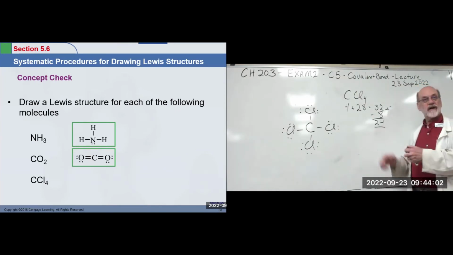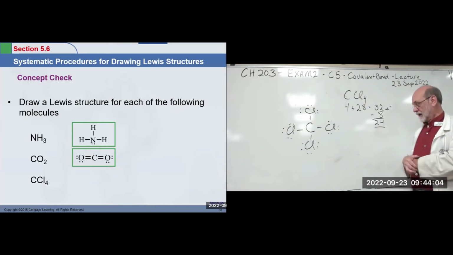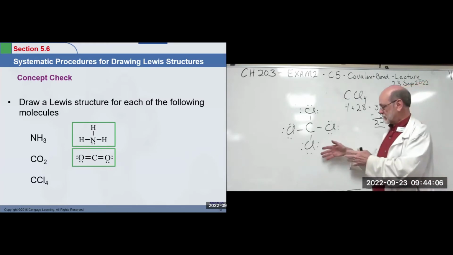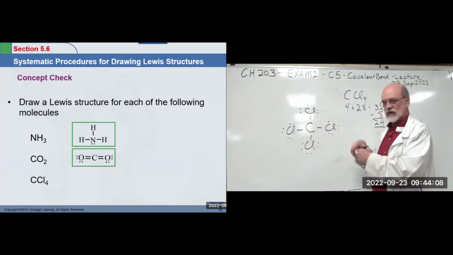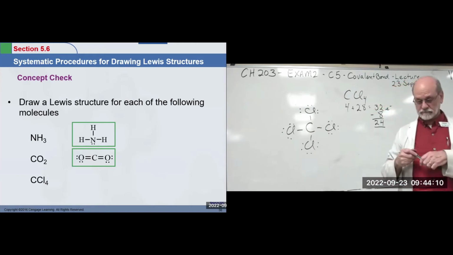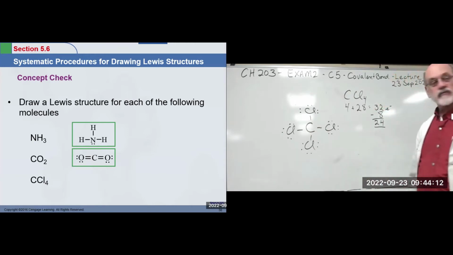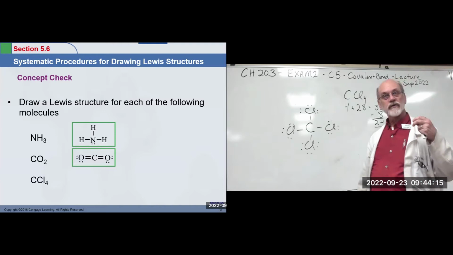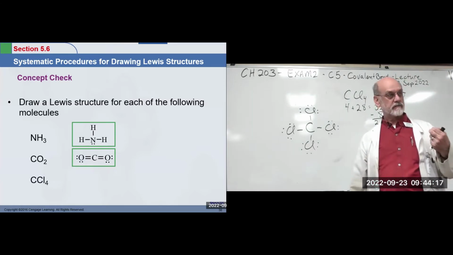We've used up all of our electrons. And everybody's got an octet. Chlorine's got an octet. Carbon's got an octet. What I was referring to earlier was, remember we said carbon tends to form 4 bonds. Right?